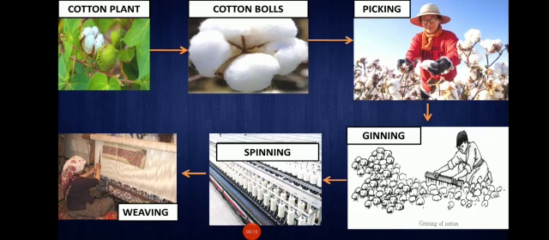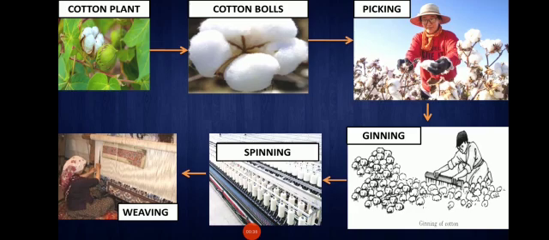Then the seeds are separated by the combing process. This process is known as the ginning process. Ginning was previously done by hand, but nowadays the ginning process takes place by machine.